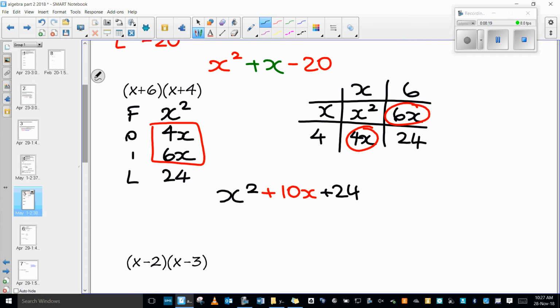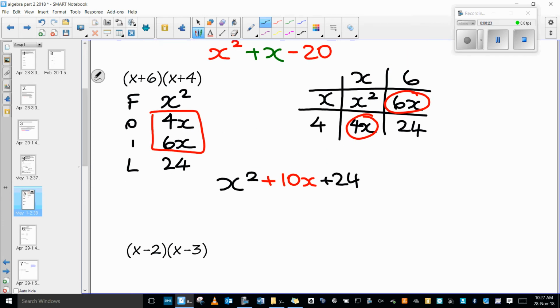I'm confused. So, one second. Why do you do the last bit? So I'm literally taking x squared. I've joined my like terms together. So I saw that 4x and 6x gave me 10x, and then my 24. Okay, so you're just joining your like terms. And did you have a question, Claire?